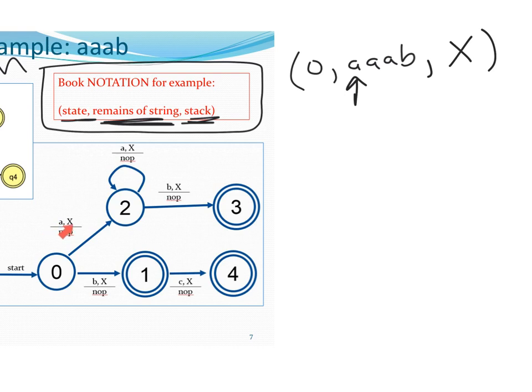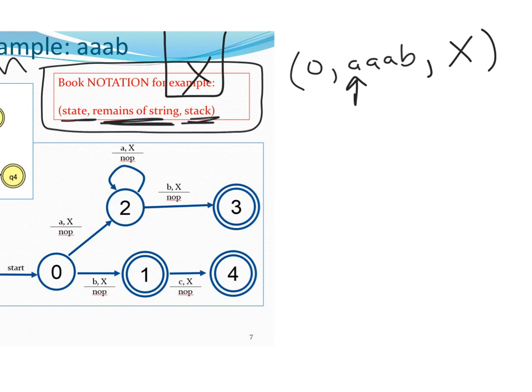And I have an X at the top of the stack, that's good too, because my stack just has an X on it, and I haven't added anything to it. So if I have the letter A and there's an X on my stack, then I jump on this transition and do a no-op. That means I end up at state 2 having used up this A.